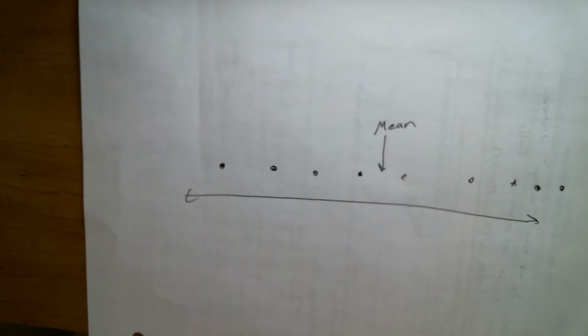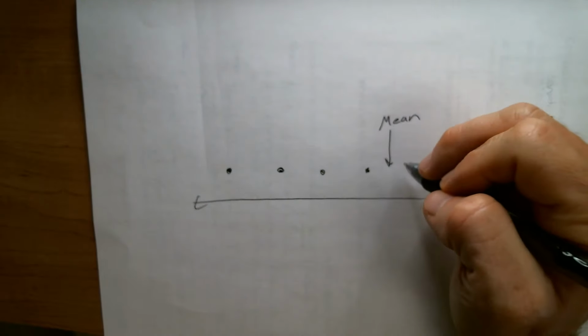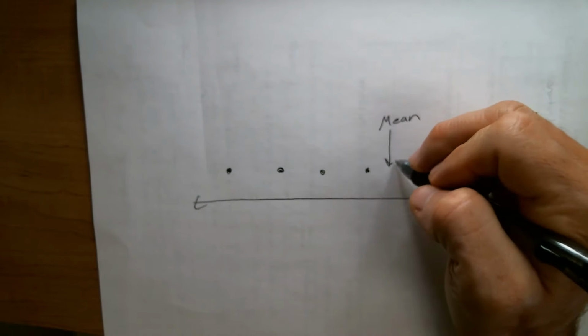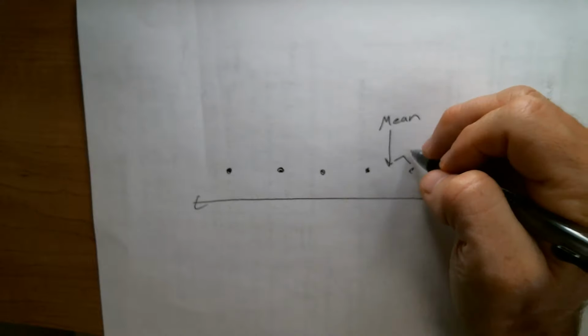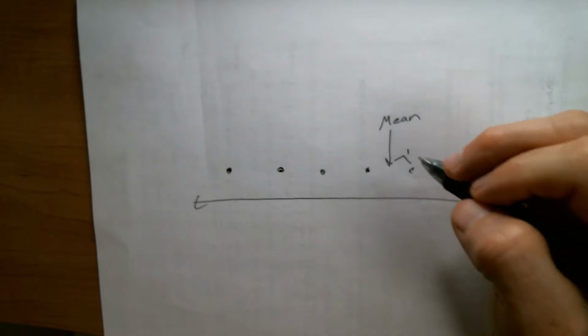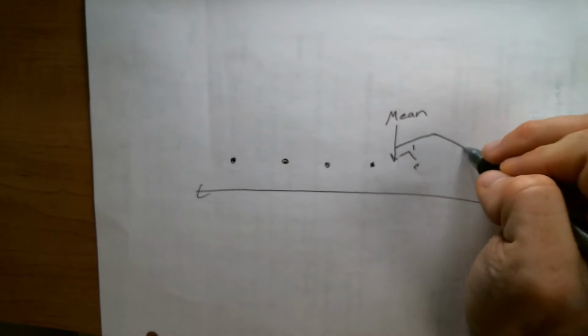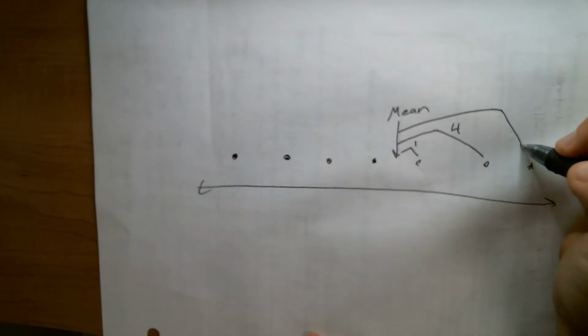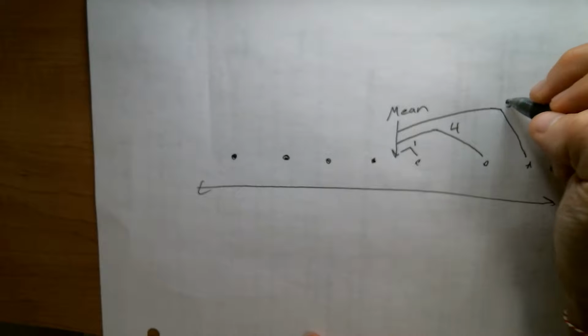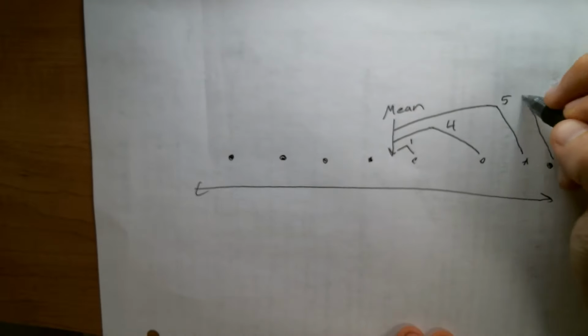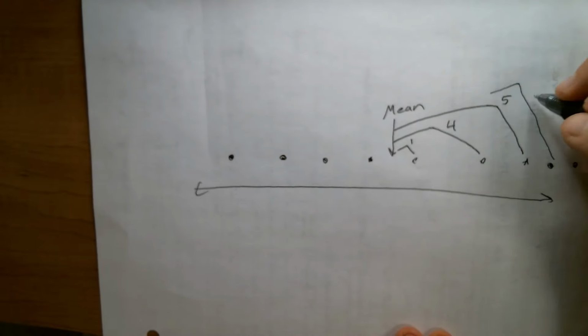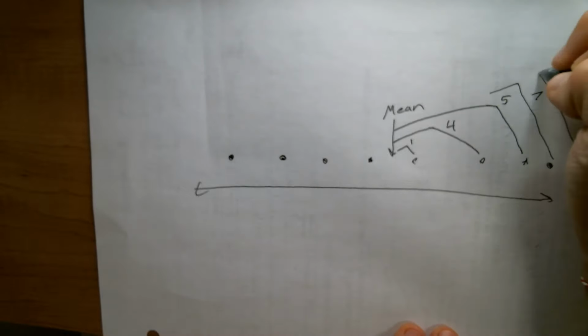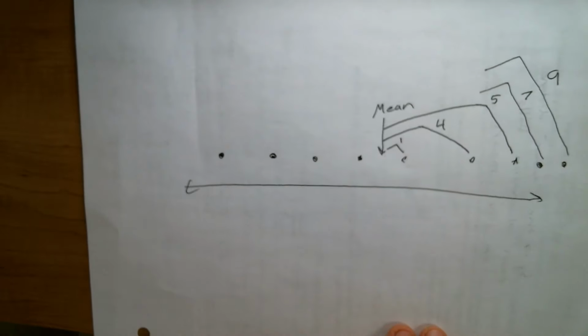What standard deviation is doing is looking at how far each point is from the mean. And it might say, oh, this one's 1 away from the mean, and this one's 4 away, and this one's 5 away, and this one's 7 away, and this one's 9 away from the mean.